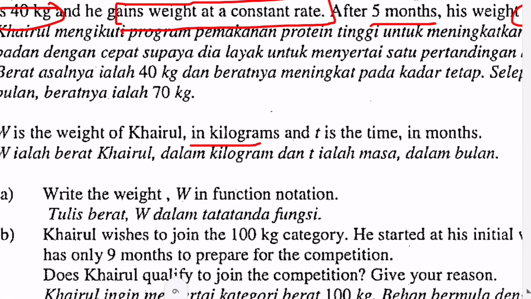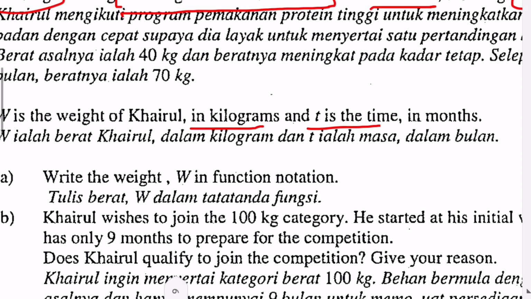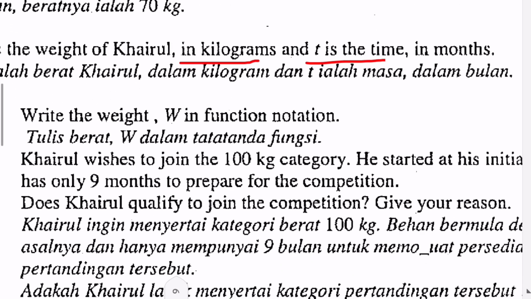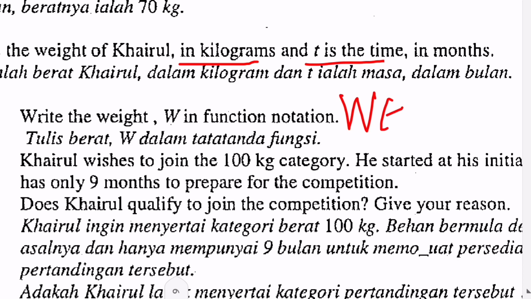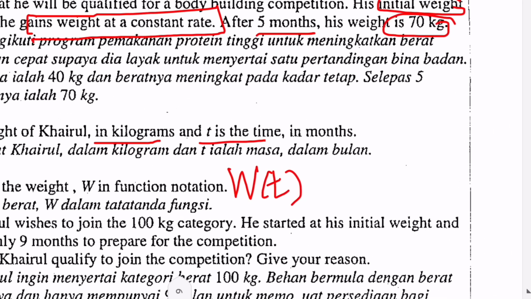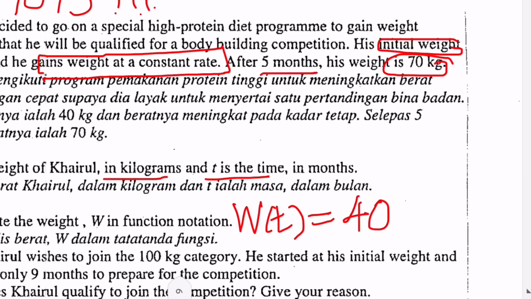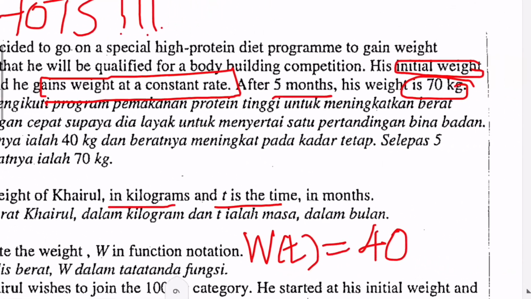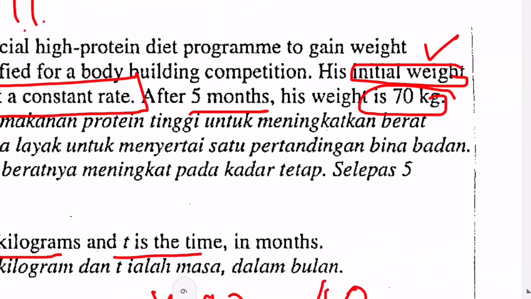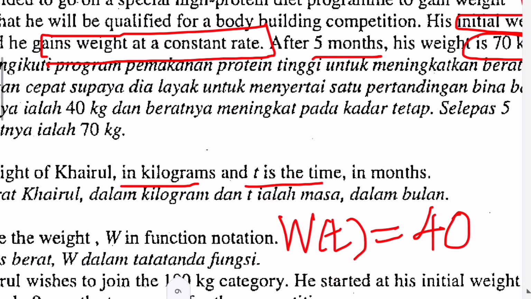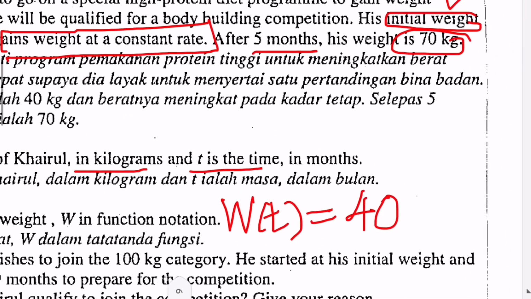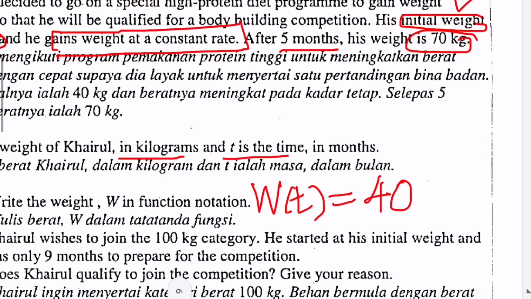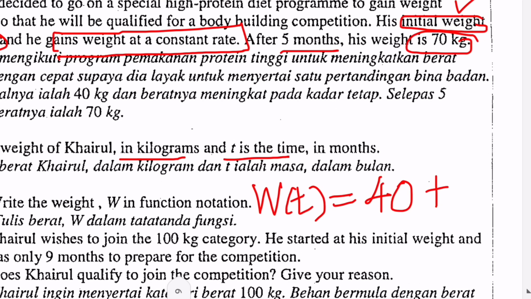Okay, so let's study the question first. W is the weight of Carol in kilograms and T is the time in months. So W(T) is equal to 40 at the beginning, because this is the initial weight. When the time is 0, the weight is 40.